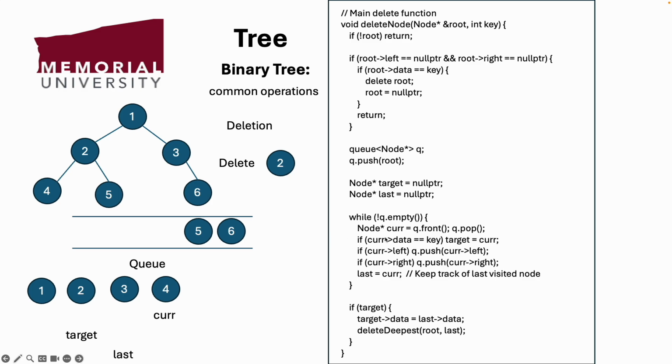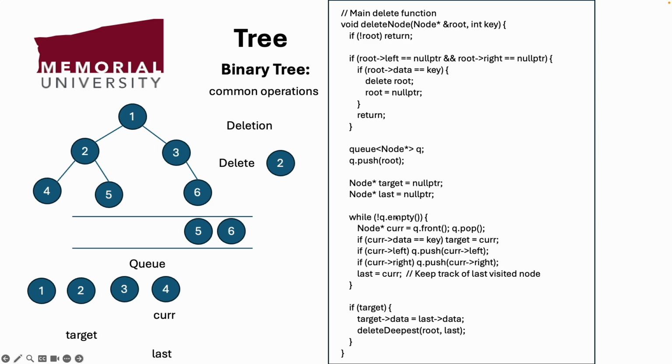So we can directly go to the next line of the code. Node 4 doesn't have a left child, and it also doesn't have a right child, so nothing is pushed into the queue. Then we assign the last pointer to the current node, which is also node 4.